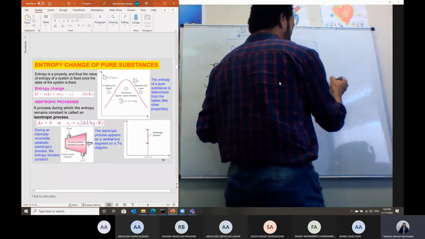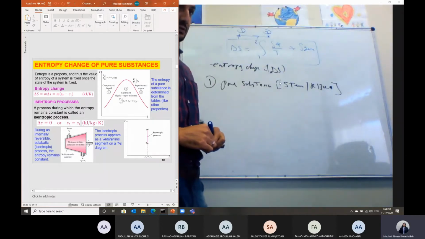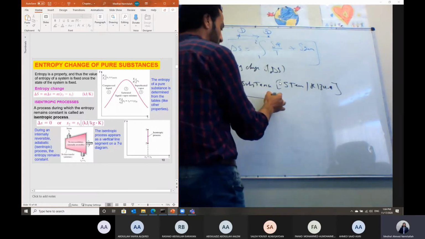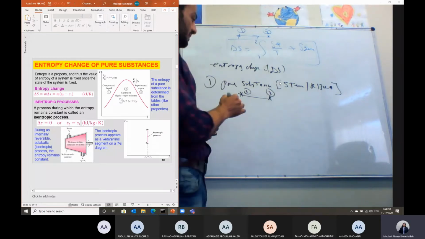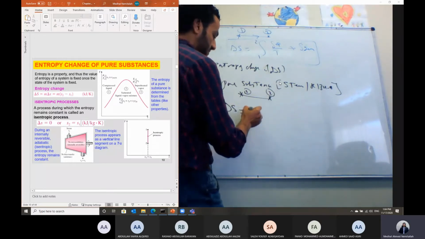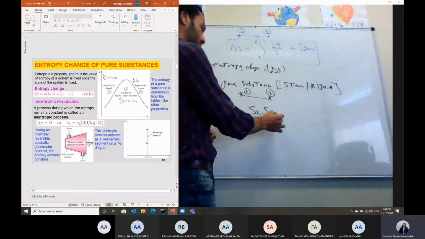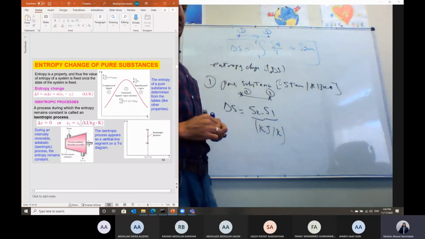The only refrigerant we have considered in this course is refrigerant 134A. If we have steam or refrigerant undergoing a change from an initial state 1 to a final state 2, to calculate delta S, I will just say delta S is S2 minus S1. This is, Shabab, the total entropy change, which is calculated in kilojoule per Kelvin.